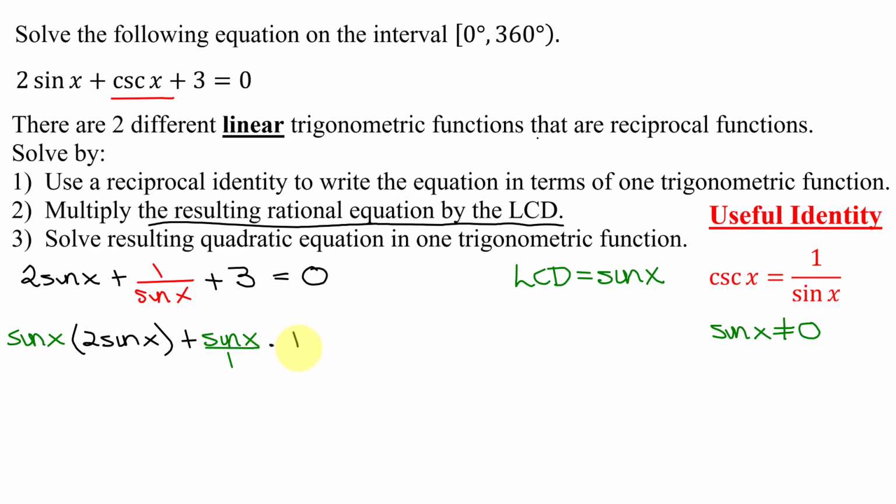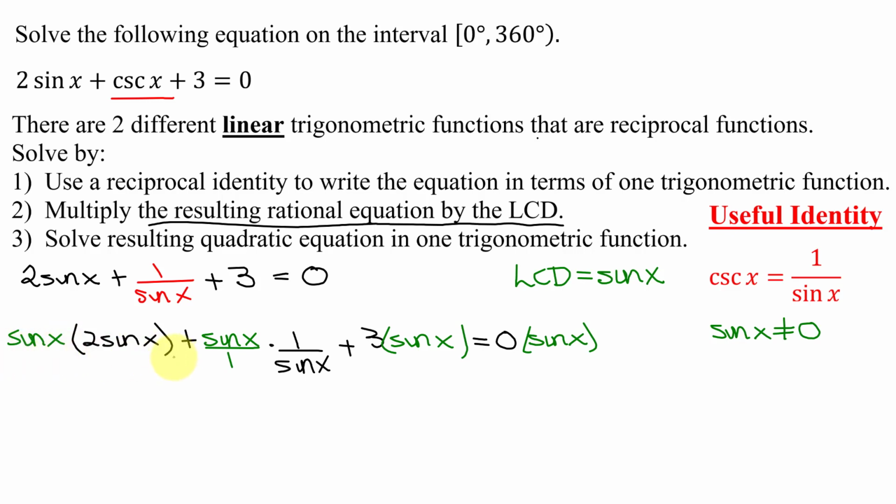So I have sine x over 1 times 1 over sine x. Then plus, don't forget the 3 also has to be multiplied by the LCD of sine x equals, and we also need to multiply any terms on the right-hand side by the LCD of the sine of x.